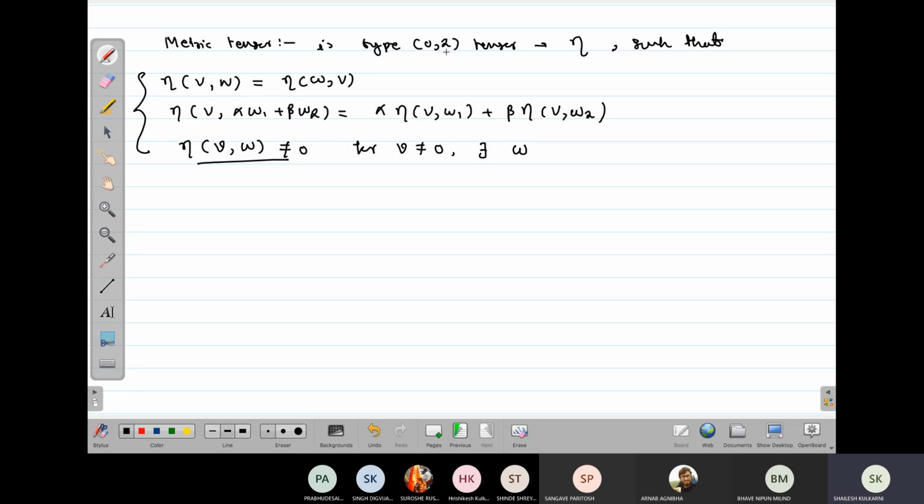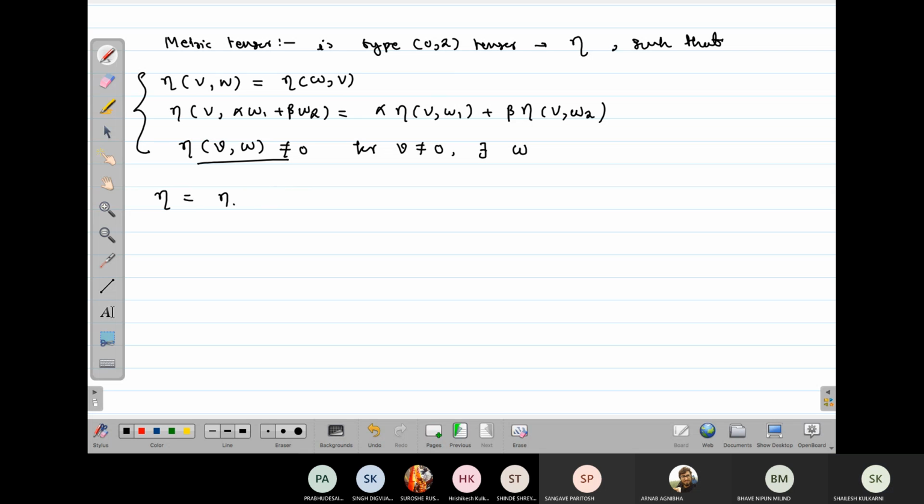Clear? Now, since it is a (0,2) tensor, recall that any (0,2) tensor can be expressed as a linear combination of the direct product basis.